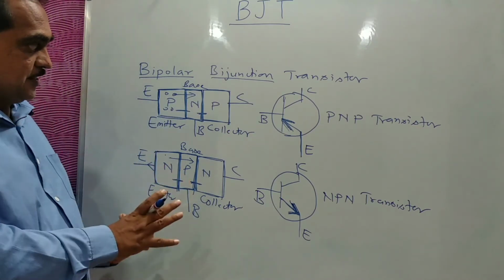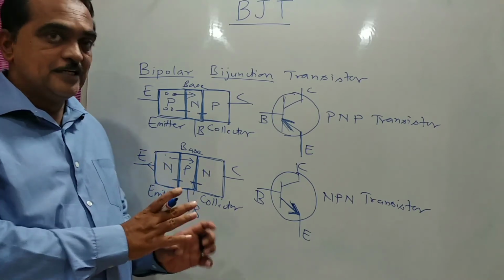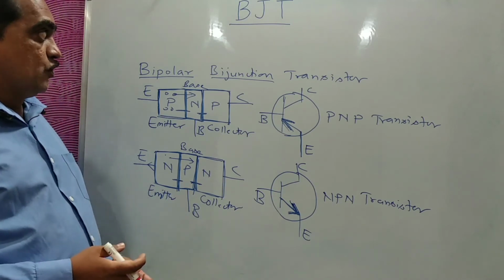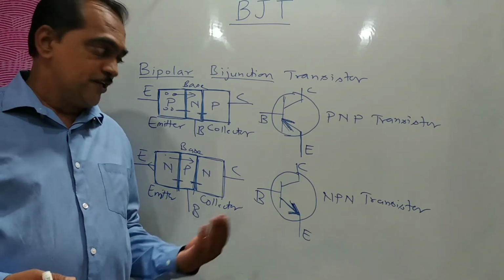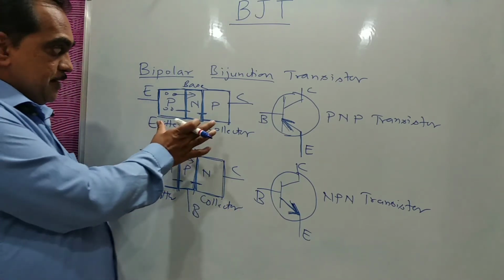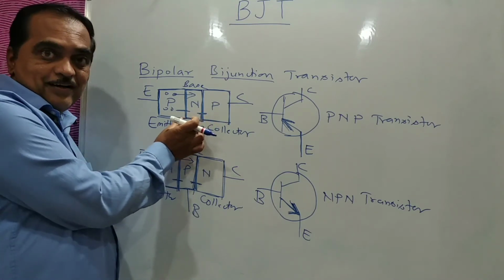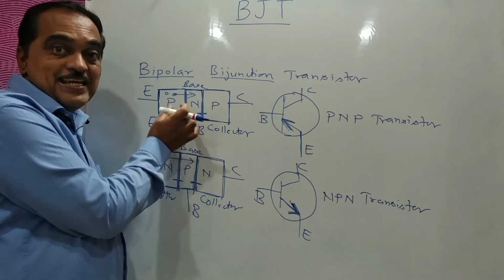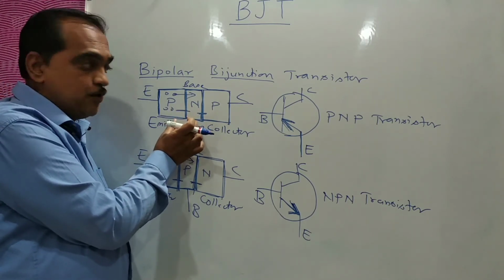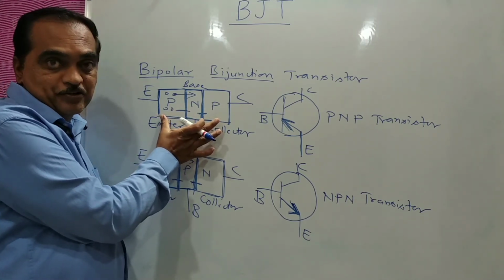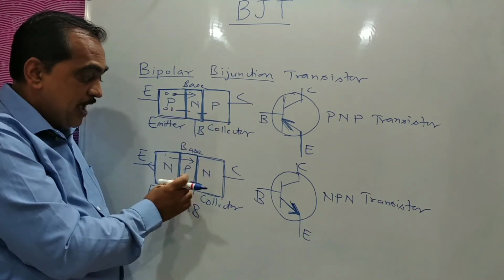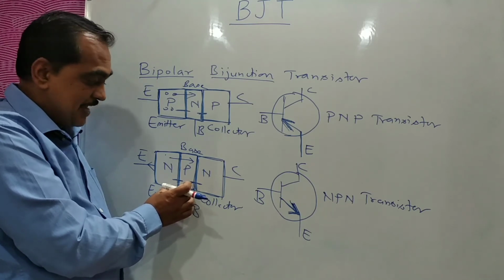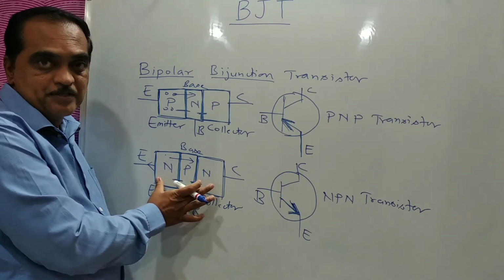So this is the introduction, where you speak about two types of BJT, PNP and NPN. In PNP, an N type semiconductor, which is lightly doped and thin in size, is sandwiched between two P type semiconductors. And in NPN, a small layer of P type is sandwiched between two N type semiconductors.